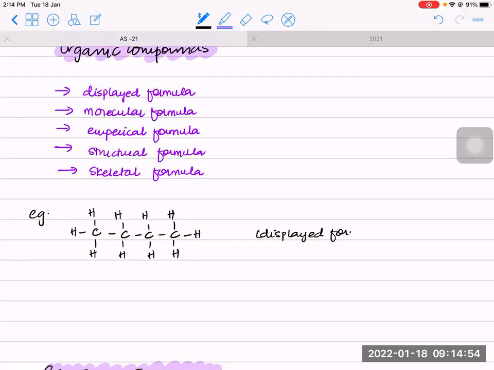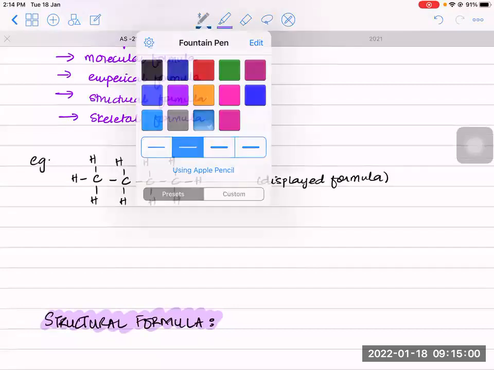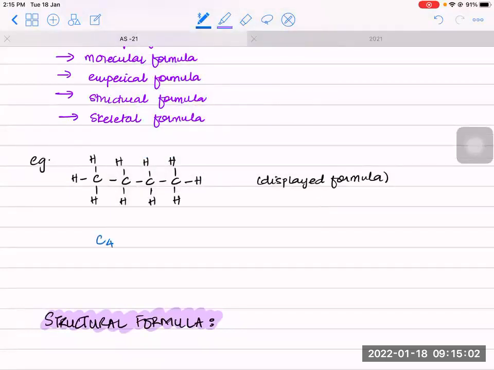Then we have the molecular formula. What will be the molecular formula? C4H10. This counts basically the number of carbons and hydrogens. So this right here is the molecular formula.